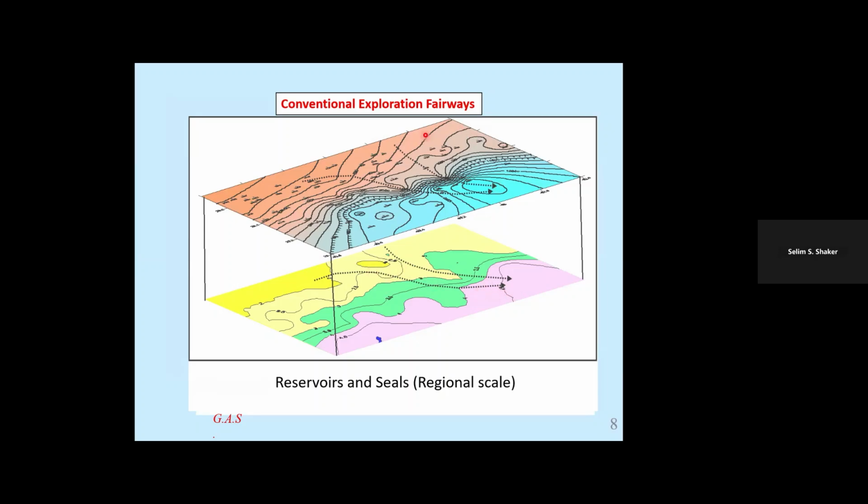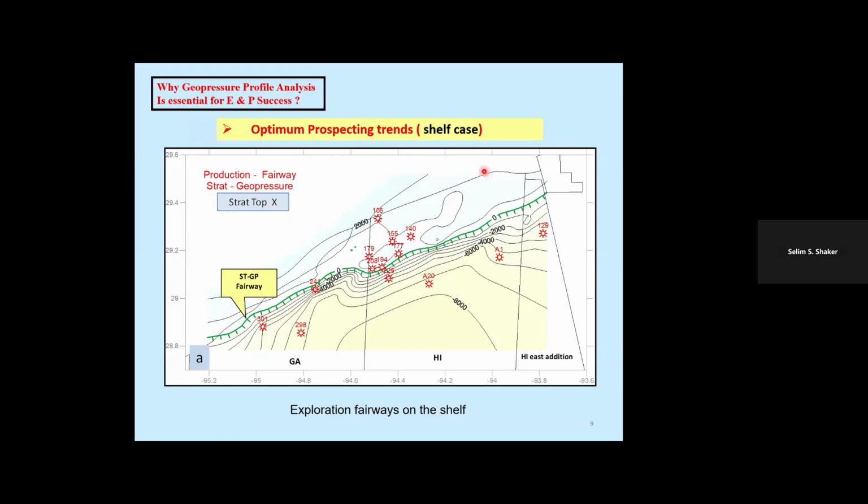And we study the seal as well. See, this is a good sealing area here. We end up making a regional map, and we figure out where's our optimum trend to drill the next well. So for instance, here is a trend of the pressure and the stratigraphy.